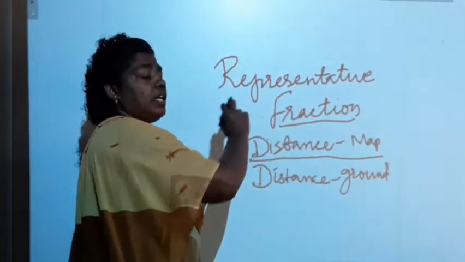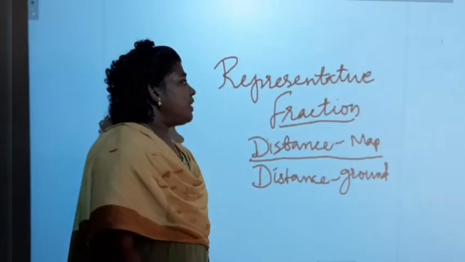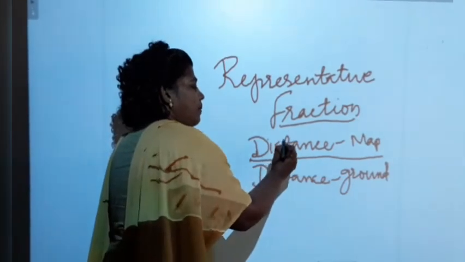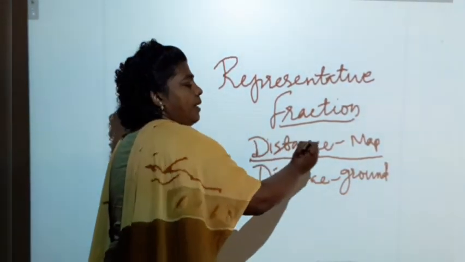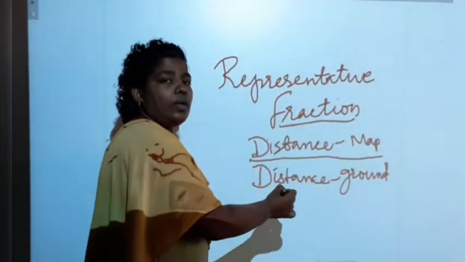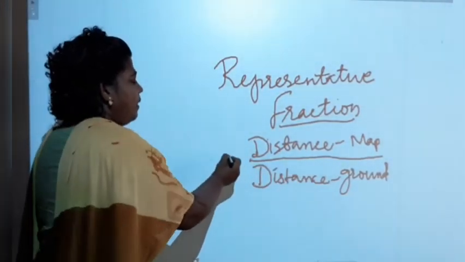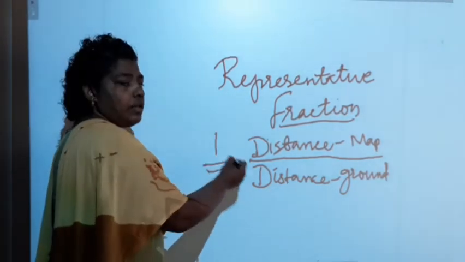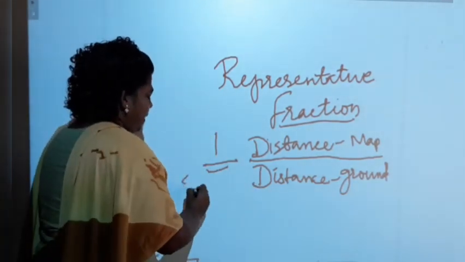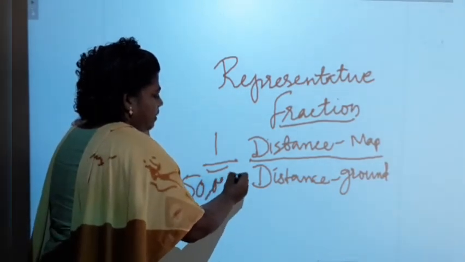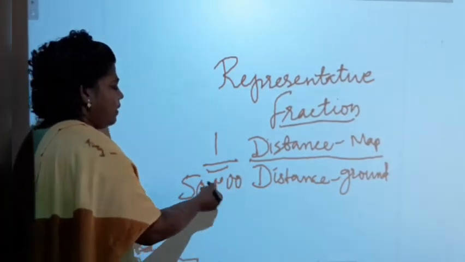Okay, so in representative fraction, how will it be measured? The distance on the map is divided by the actual distance on the ground. For example, the numerator will always be 1, but the denominator will be 50,000. How will we do this?